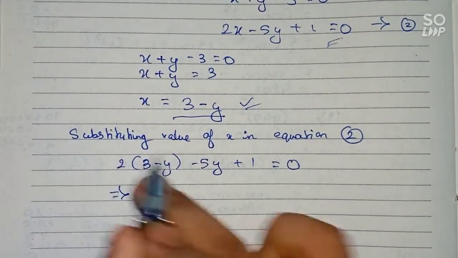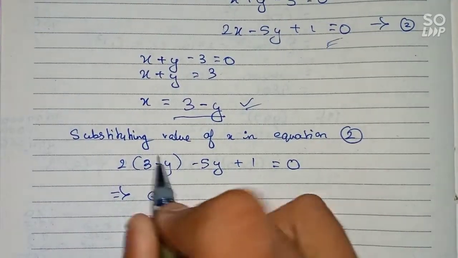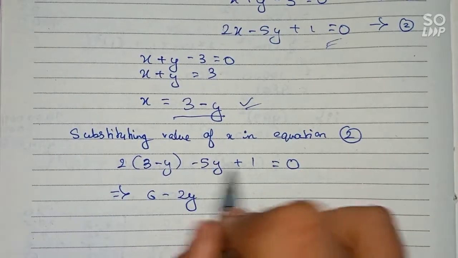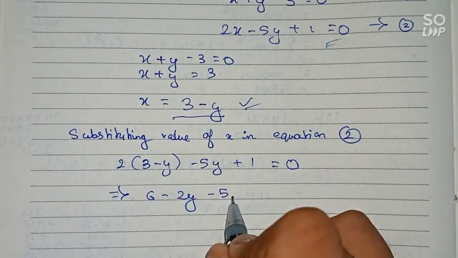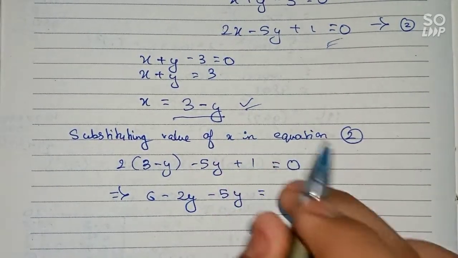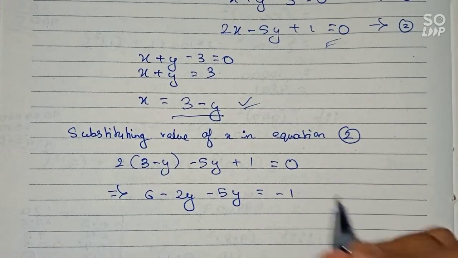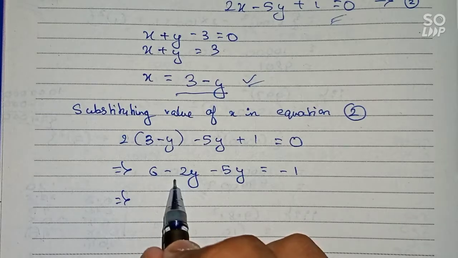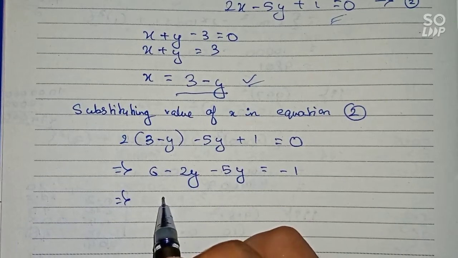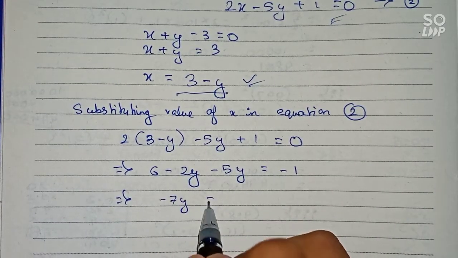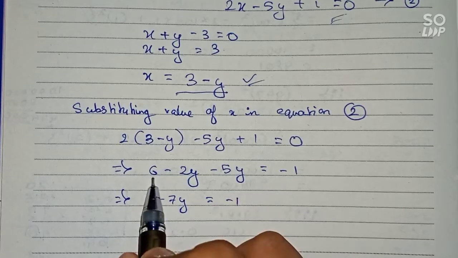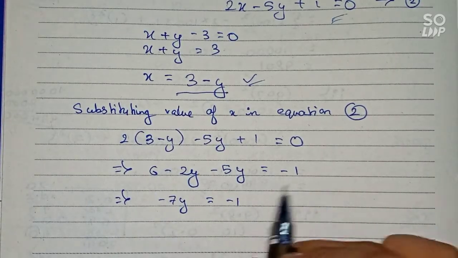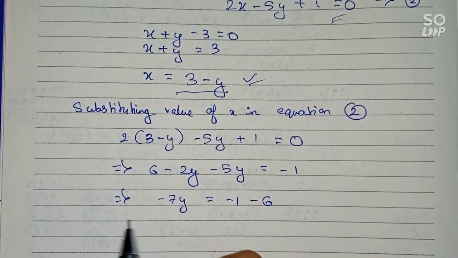First, 2 threes are 6, minus 2y, minus 5y is equal to, now I take plus 1 to this side, so it becomes minus 1 this side. Now minus 2y minus 5y, that is minus 7y, is equal to minus 1. Now I take plus 6 to this side, so it becomes minus 6 here also.